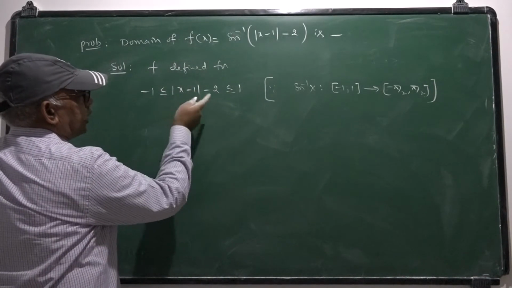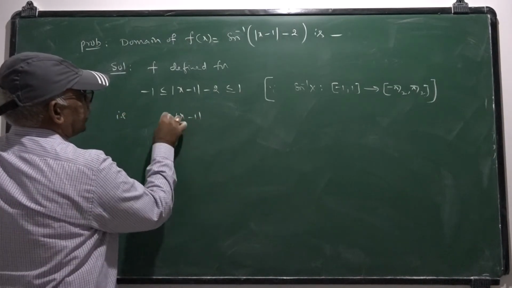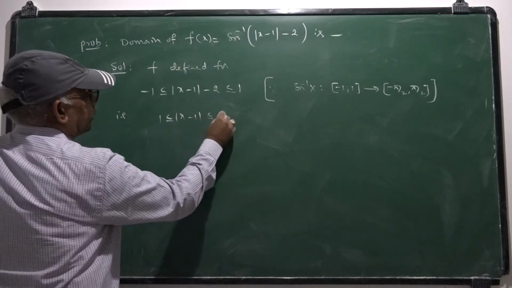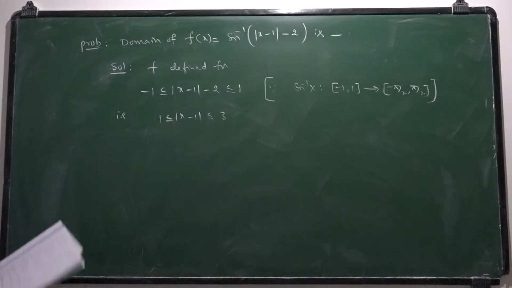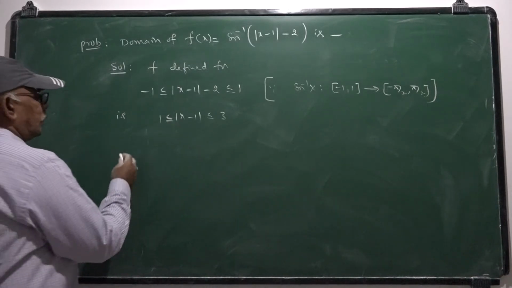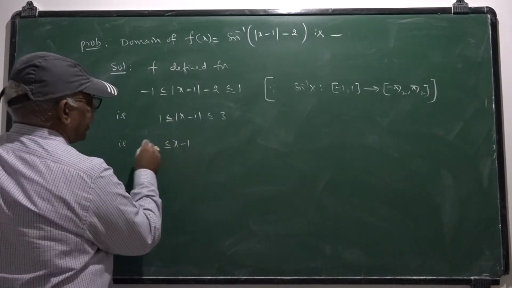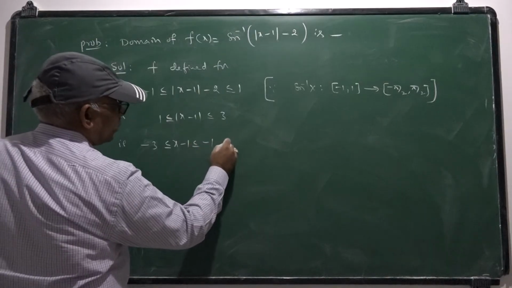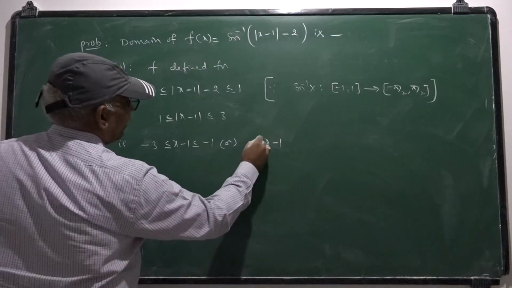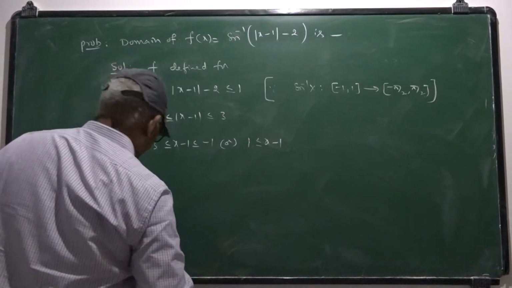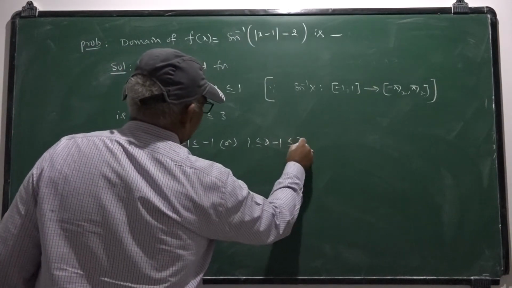Hence, mod x minus 2 lies between minus 1 and 1. That is, mod x minus 1 lies between 1 and 3. That is, x minus 1 lies between minus 3 and minus 1, or x minus 1 lies between 1 and 3.